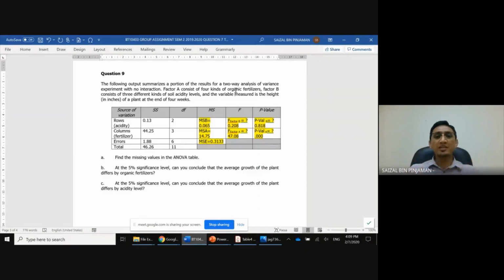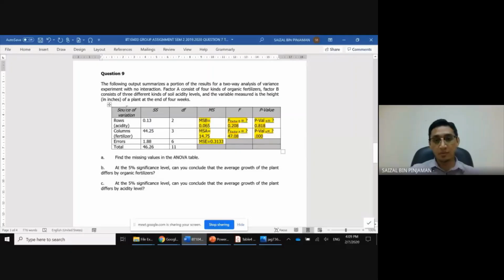So based on the sample that we obtained, similar to your question, we have a somewhat modified table in this session. We have three sources of variation.